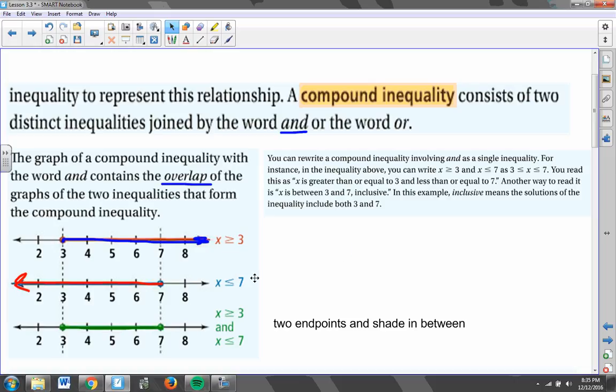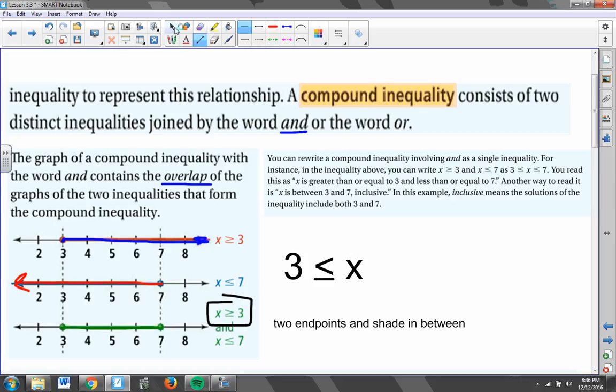Now, we can write an and inequality as one inequality. We can squish the two together, because if we look at this piece, x is greater than or equal to 3, we should know we can also write that as 3 is less than or equal to x. And then the other one says x is less than or equal to 7.